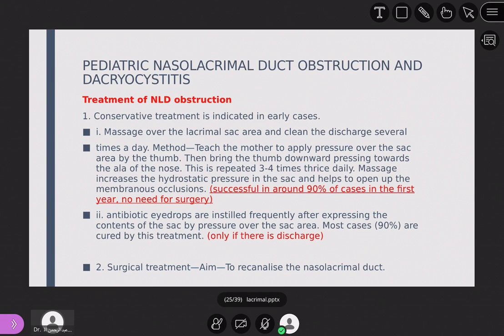Treatment of nasolacrimal duct obstruction. Conservative treatment is indicated in early cases. You will just massage over the lacrimal sac area and clean the discharge several times a day. Method: teach the mother to apply pressure over the sac area by the thumb. By the way, it is very common.